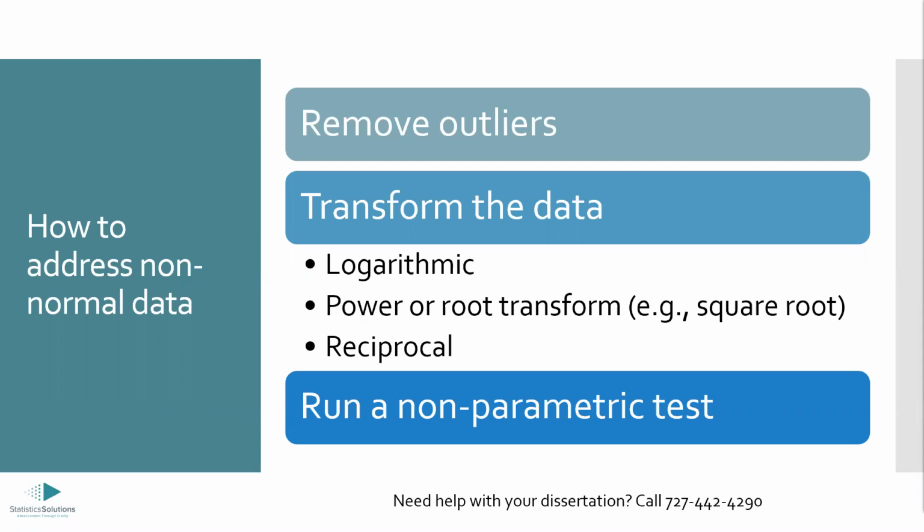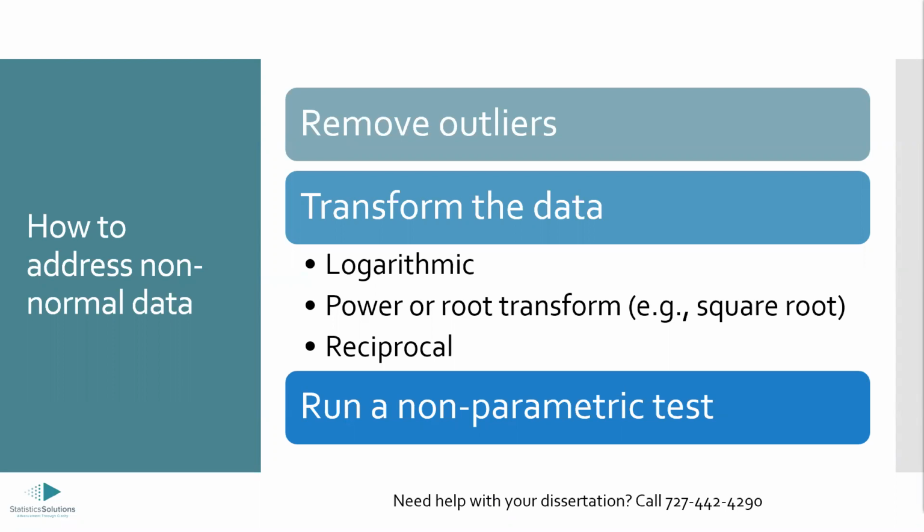But when we use those methods to assess our data, and we see that the data is different from normal, and that's a problem for our analysis, then how do we address that? Well, there are a couple of different methods that we can use to potentially address non-normal data. One simple method is to remove outliers.